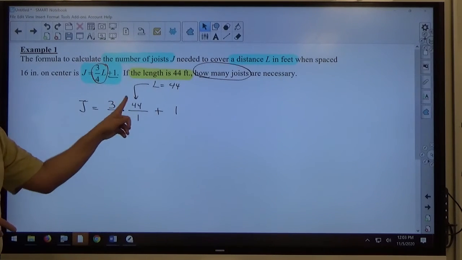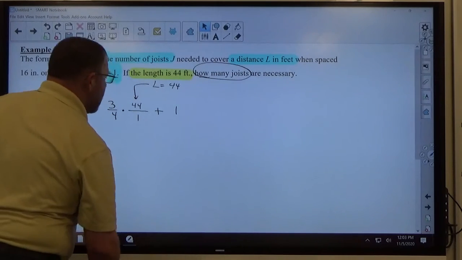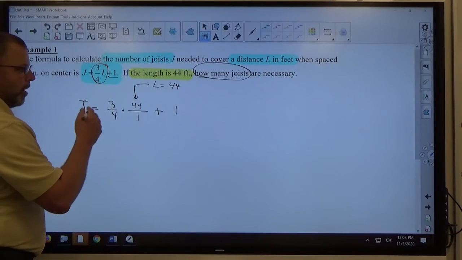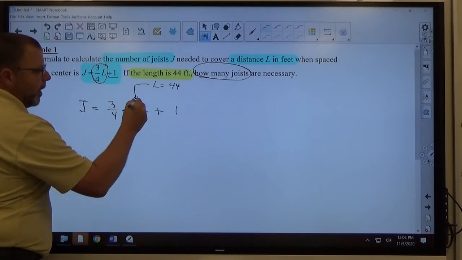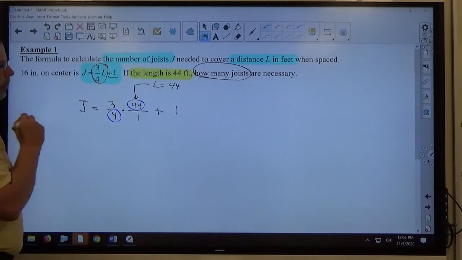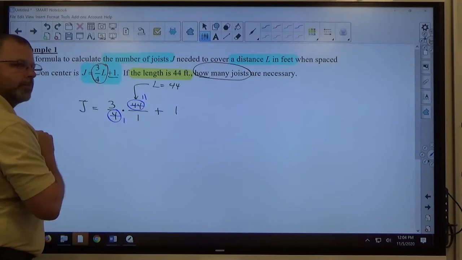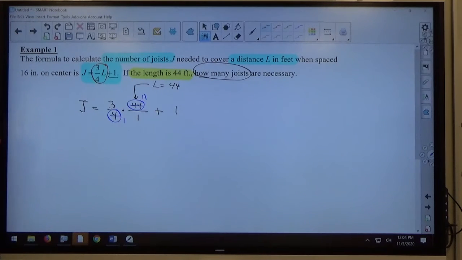3/4 times 44 is a product. Multiplication happens before the plus 1, which is addition. In fraction world, if I'm multiplying fractions, if a numerator and a denominator divide evenly or can be reduced, that's legal. So 44 divided by 4 is 11, and 4 divided by 4 is 1. Once everything on the bottom is 1, it no longer has to be looked at as a fraction.